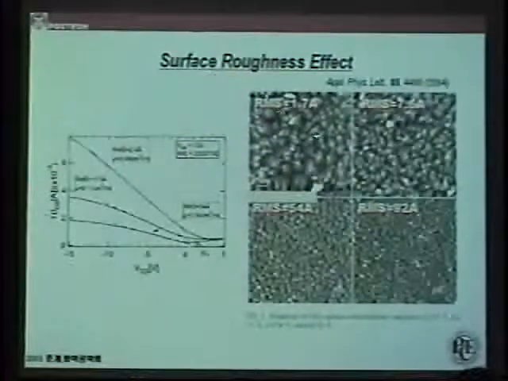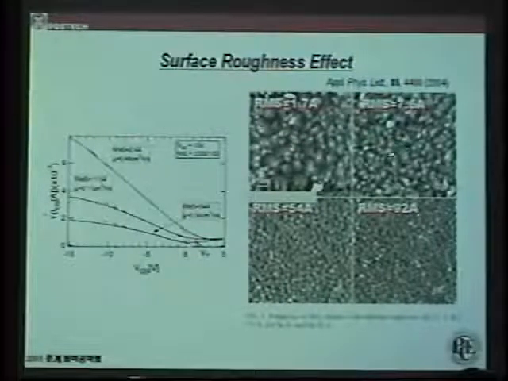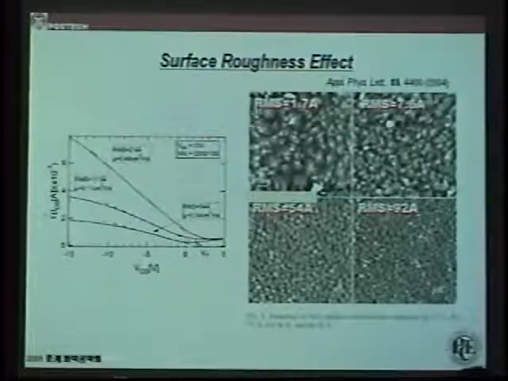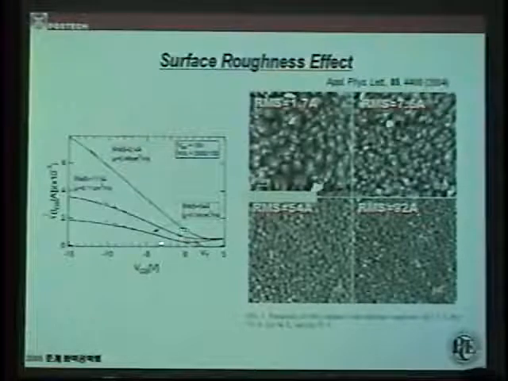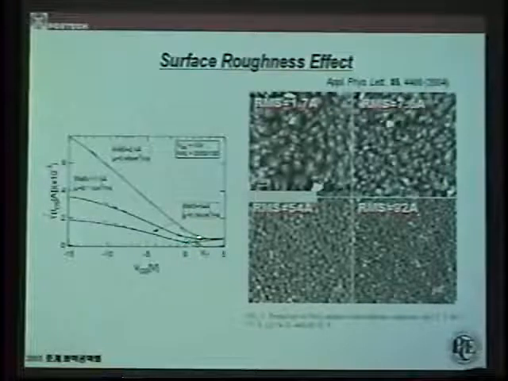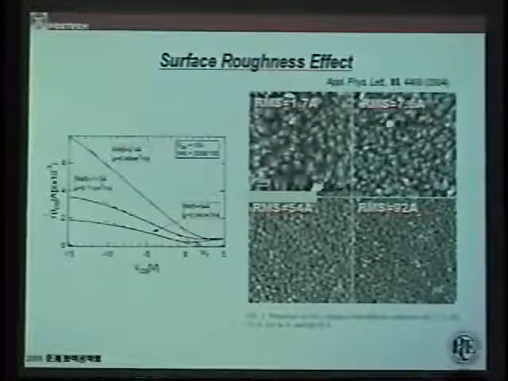Again, this is also literature saying that by increasing the roughness from 1.7 angstrom to 92 angstrom, you see that the grain size is decreasing a lot. And in this IV curve, the slope is actually the mobility. Mobility drops down by decreasing the grain size.